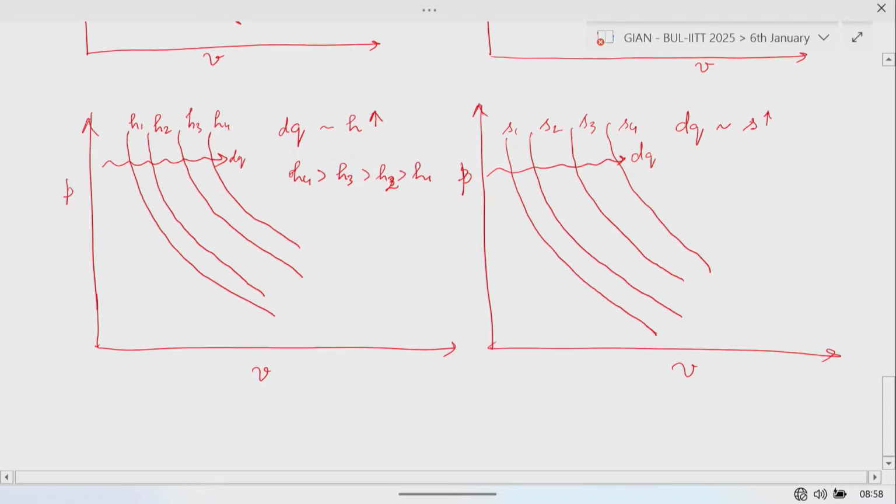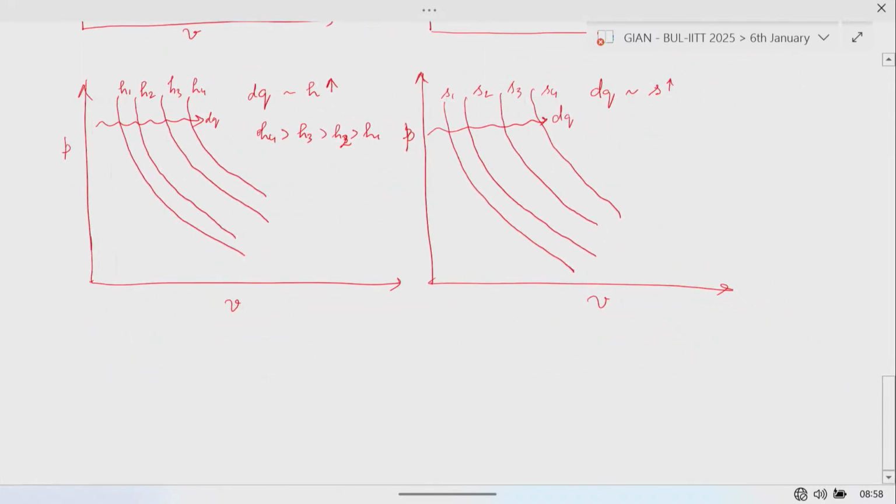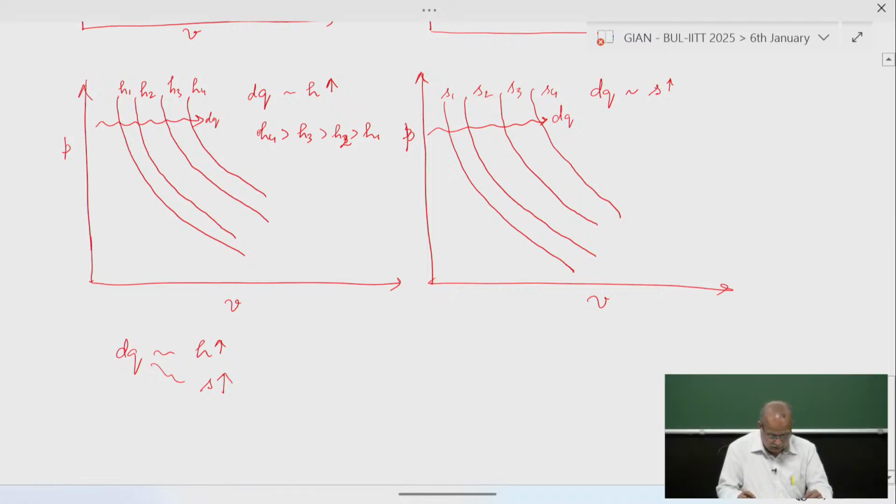Now what we could summarize from this is that the addition of heat will cause the enthalpy to increase. The addition of heat will also cause entropy to increase. Now with this understanding, we are going to superimpose the Rayleigh line onto the H line as well as the S line.